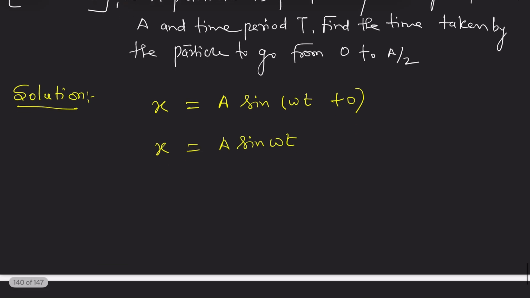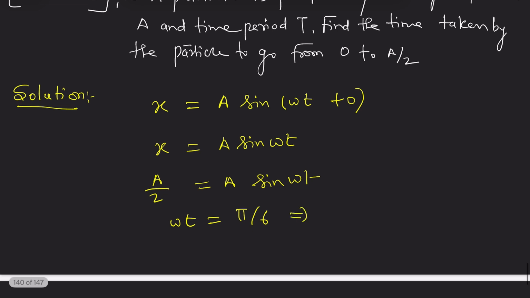Now the question is very easy. If you put x equal to A by 2, this is A sine omega t. By seeing this we can say omega t should be equal to pi by 6. Is this okay? If you see, sine omega t is equal to 1 by 2, so it means omega t equals pi by 6.